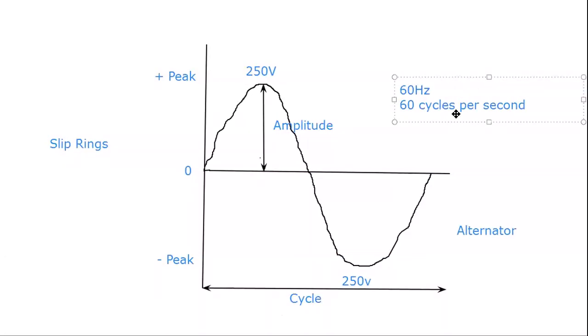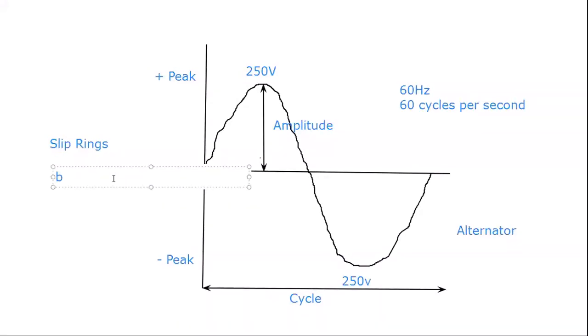The entire distance is known as a cycle. And we said that in the Bahamas, we use 60 cycles per second, or 60 hertz. Hertz is the unit of cycles.